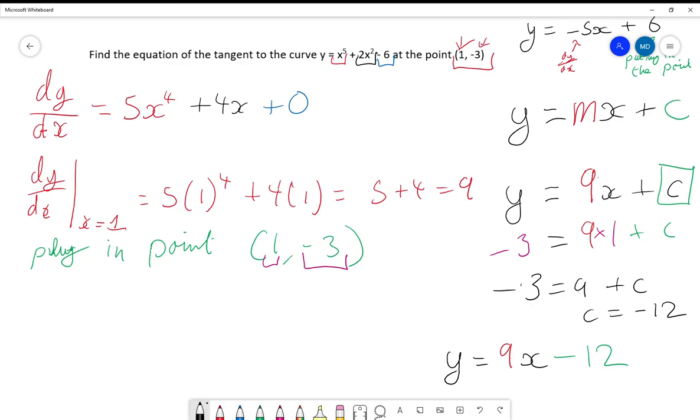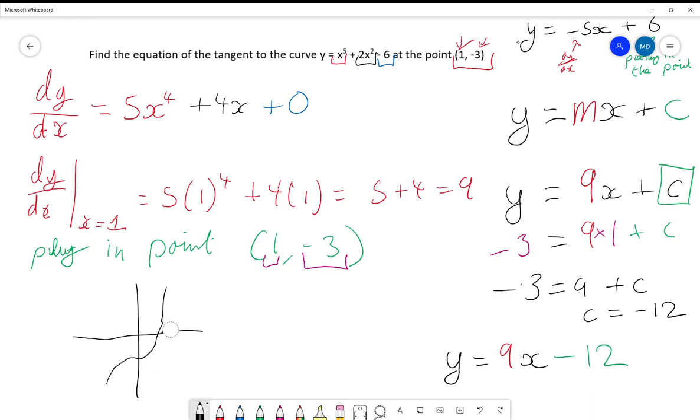And if you want to think about what it looks like, it's going to look something along the lines of a nice power of 5. We've got quadratic. It's going to go through here. It's going to look something like that. And we've got this point here is our tangent.